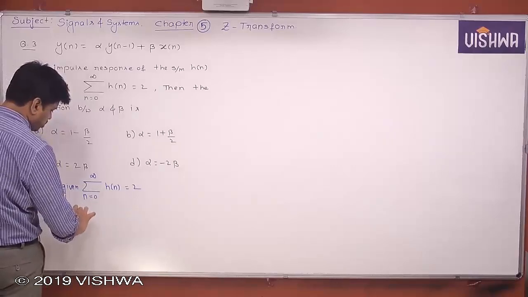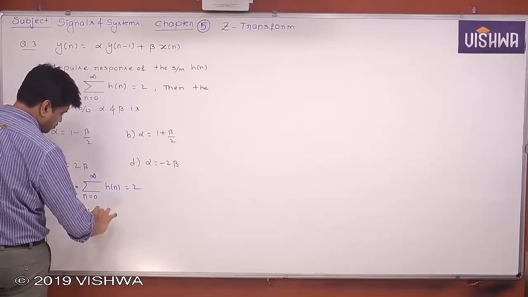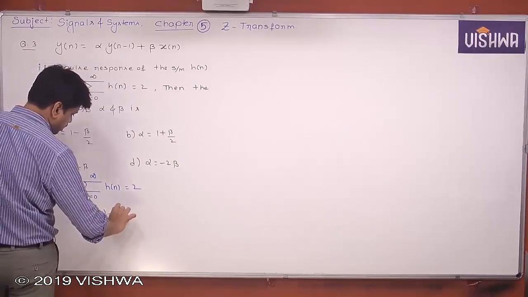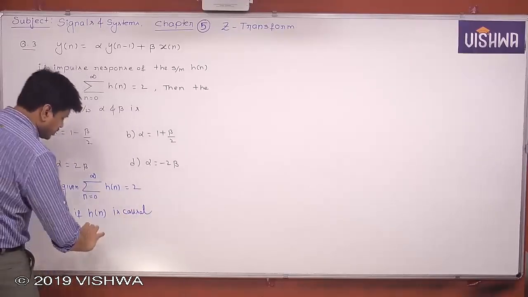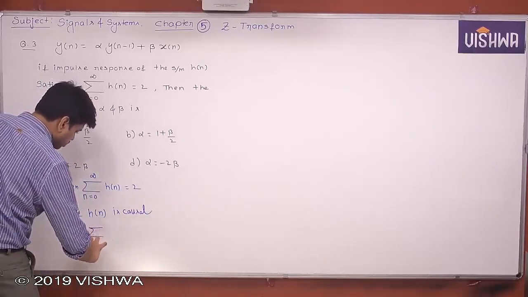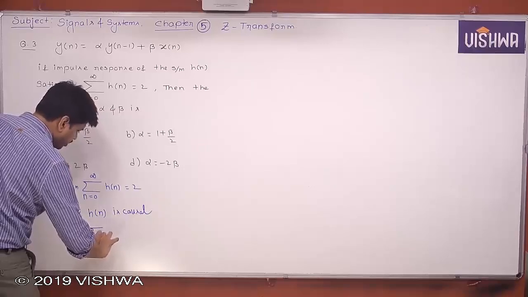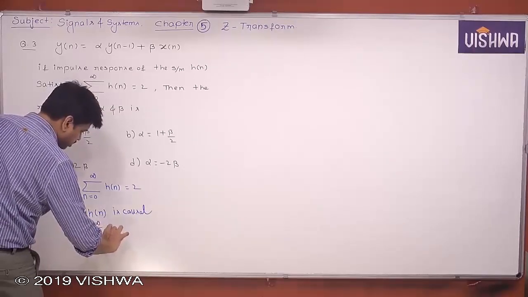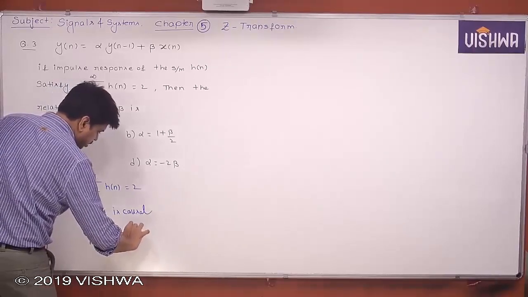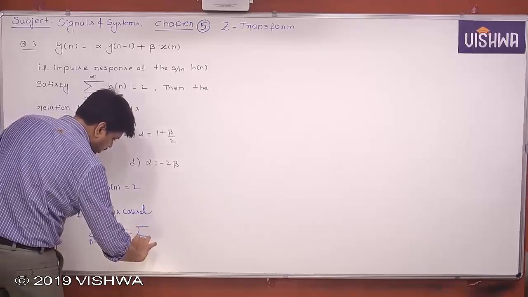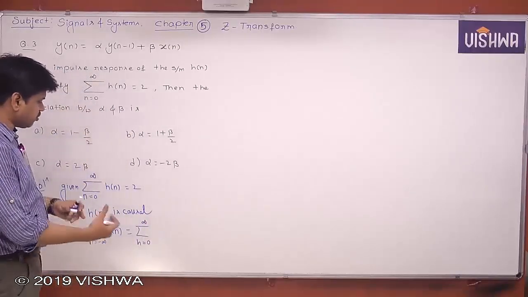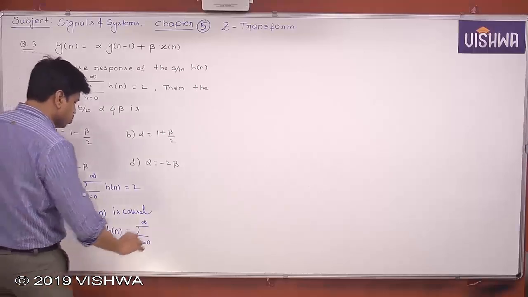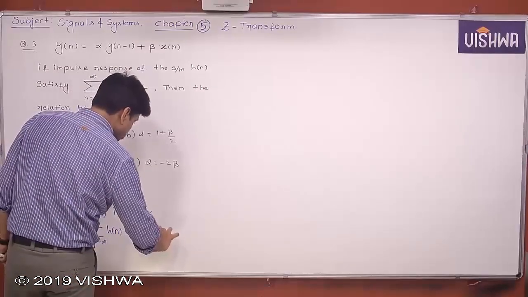If h of n is causal, then summation n is equal to minus infinity to infinity h of n is the same as summation n is equal to 0 to infinity, because h of n is causal means it exists only for positive values of n, which is equal to 2.